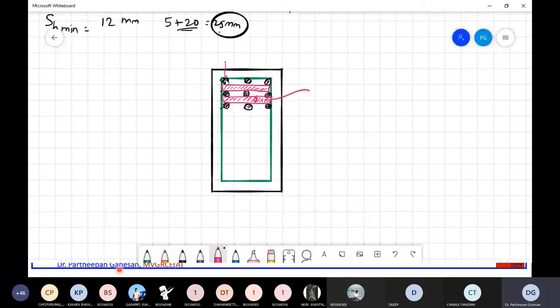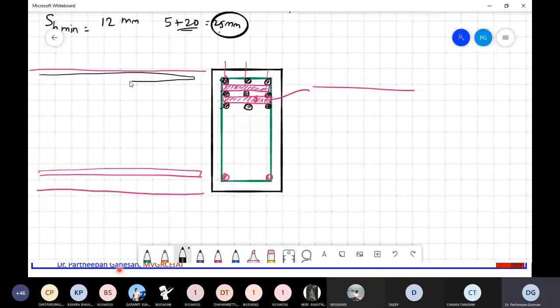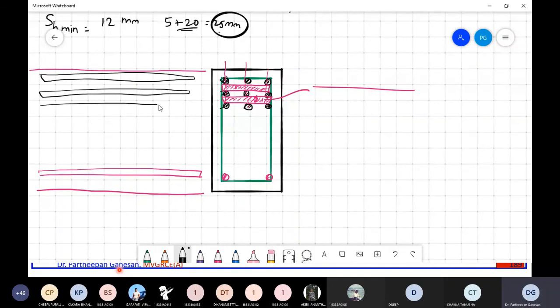And this spacer bar is provided along the length. For example, if you see the longitudinal section, let us say this is your beam length. Here is a hanger bar. Here you have the first row of steel, this is the second row of steel, this is the third row of steel.